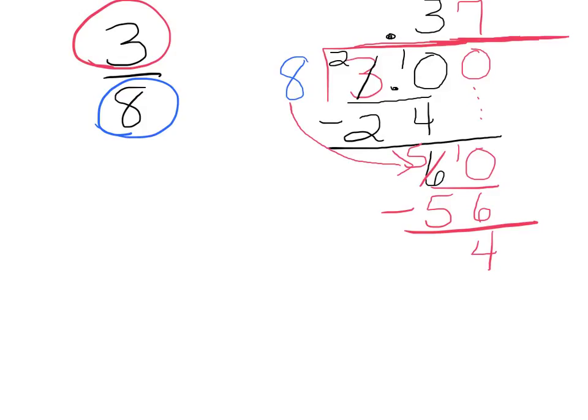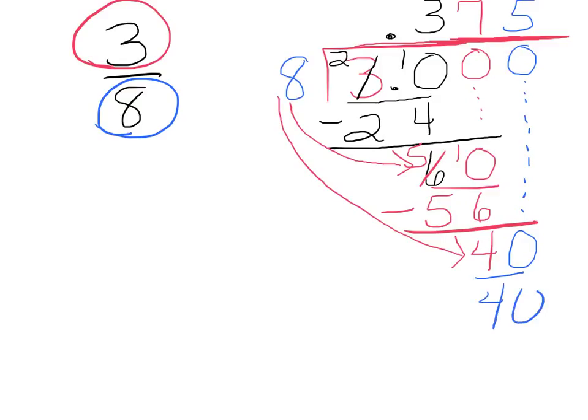So same thing here. I want to know how many times 8 can go into 4. Well, it can't, so I'm going to add another 0 and drop it down. And now I have how many times can 8 go into 40, and that is 5 times. So 5 times 8 is 40.